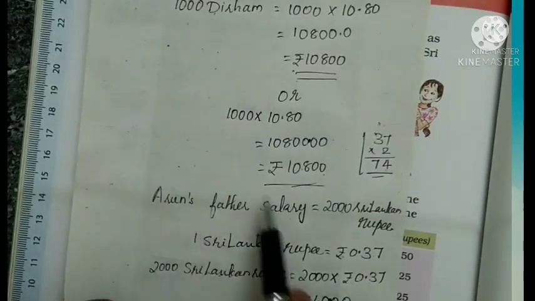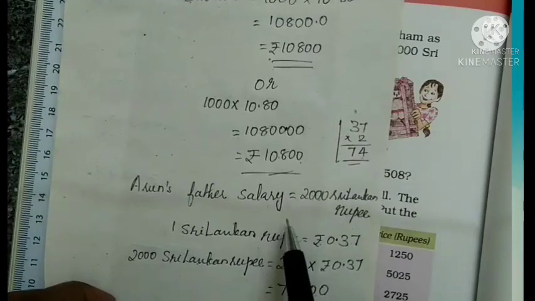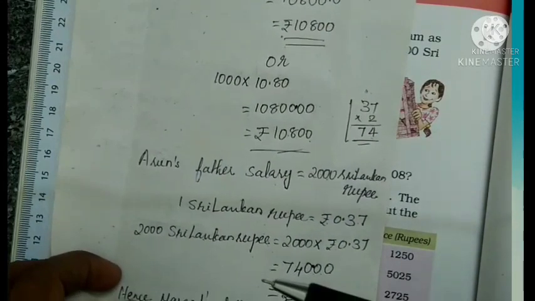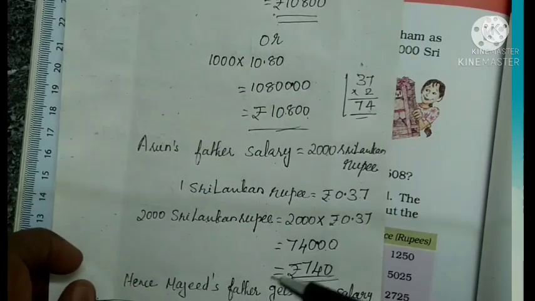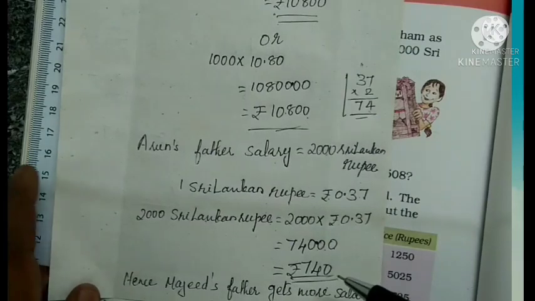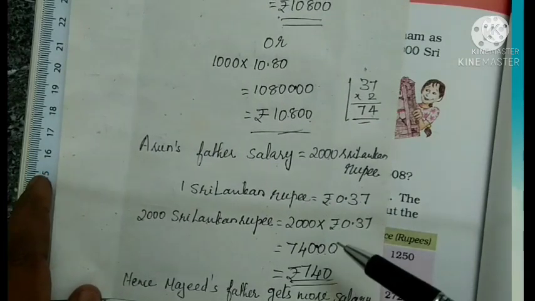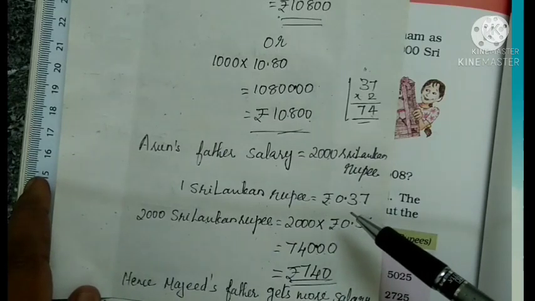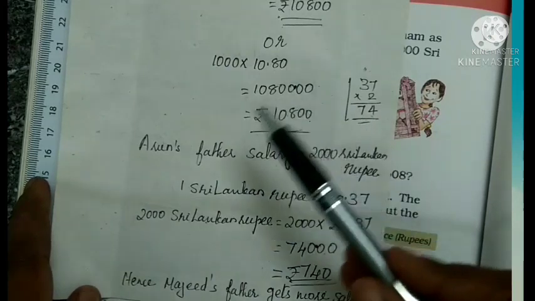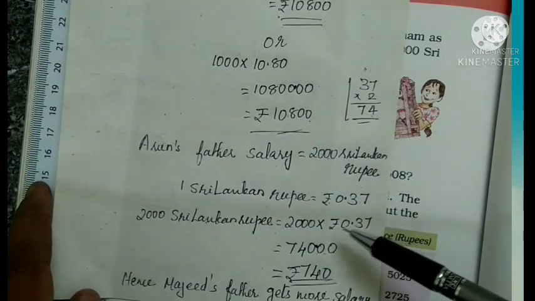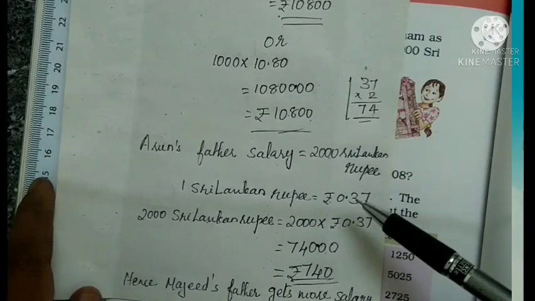And then you have to find out Arun's father's salary. After that, which amount is higher? That is Majid's father's salary. So Majid's father gets more salary. Understand all of you? You can write it in your notebook neatly. Then after finishing this answer, you can write the next question, question number D.